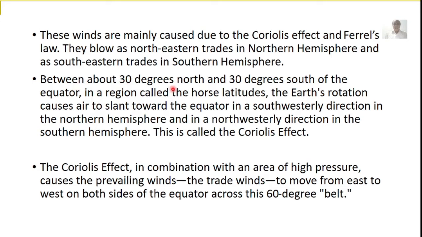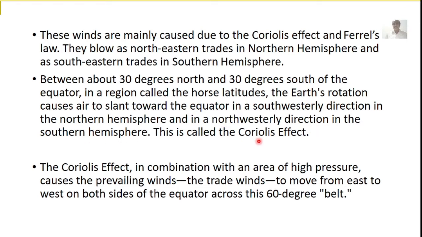Between about 30° north and 30° south of the equator, in a region called the horse latitudes, the Earth's rotation causes air to slant towards the equator in a southwesterly direction in the northern hemisphere and in a northwesterly direction in the southern hemisphere.